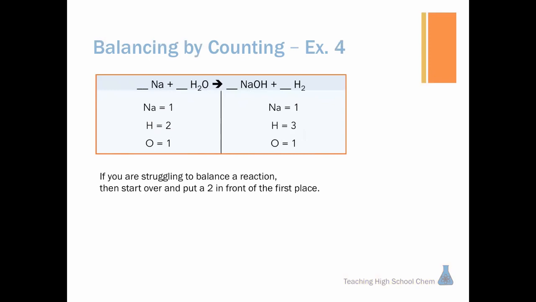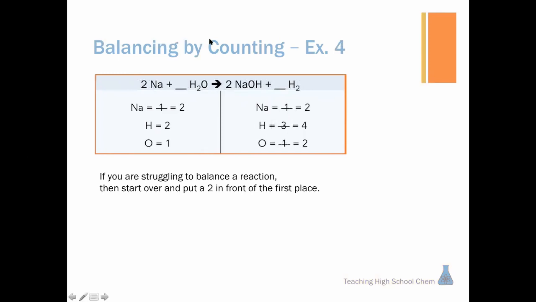And it is simply this. If you are struggling to balance a reaction, erase everything, put a 2 in the front spot, and start again. So put a 2 here, and so that forces the sodiums out of balance. That then now gives you something other than hydrogen to balance, which is going to make this end up working out a lot easier.